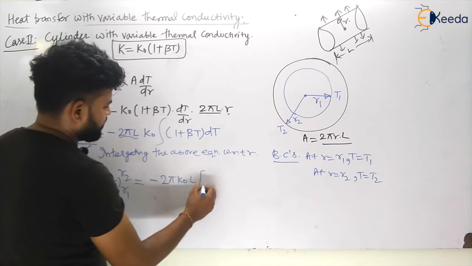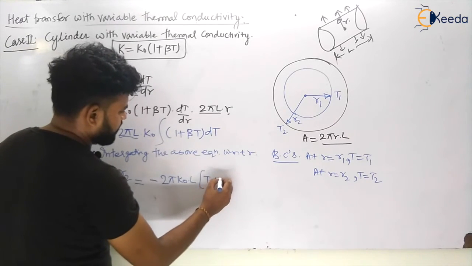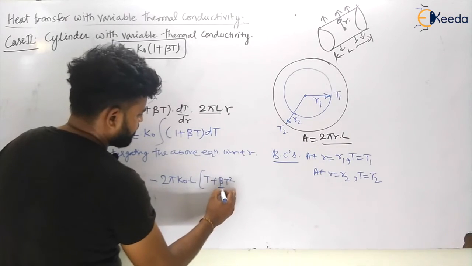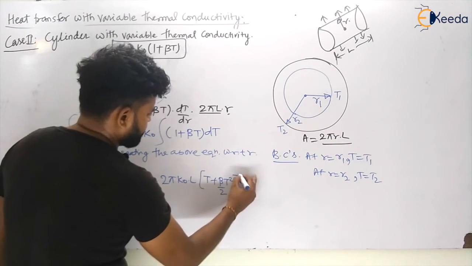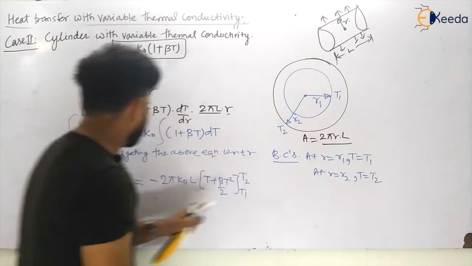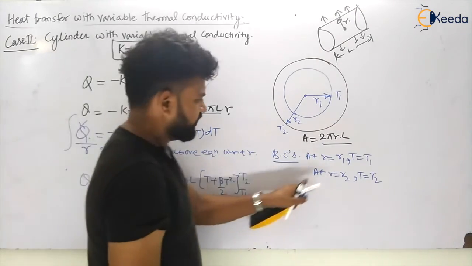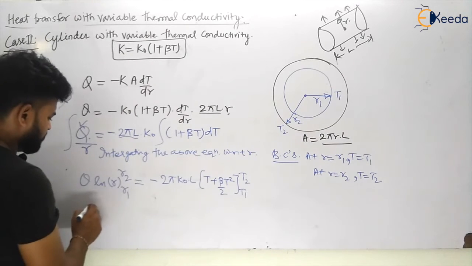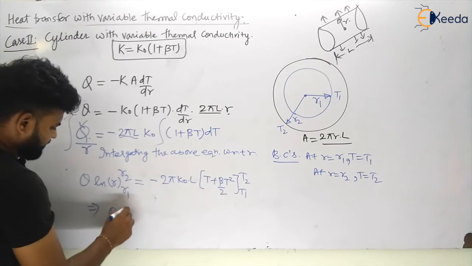So this will become T plus beta T square by 2, and the value will be from T1 to T2. So boundary conditions will be from R1 to R2 this side, and T1 to T2 this side. So putting the boundary conditions, let us see what I will have.